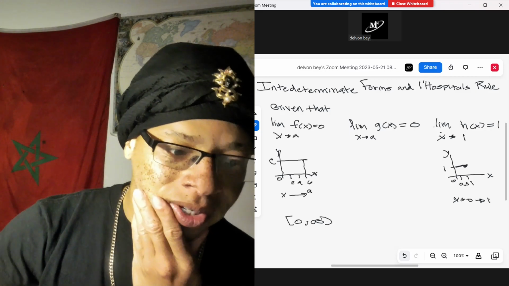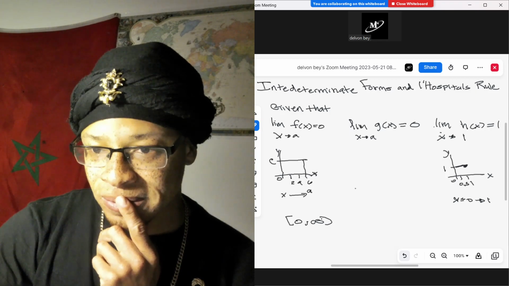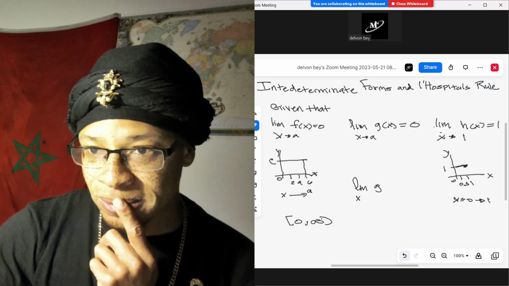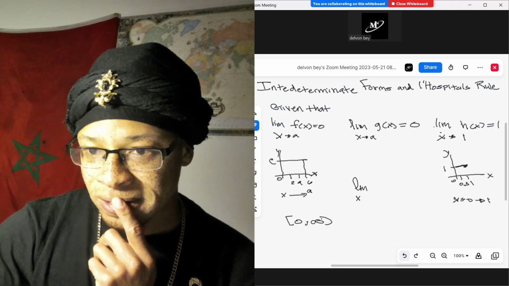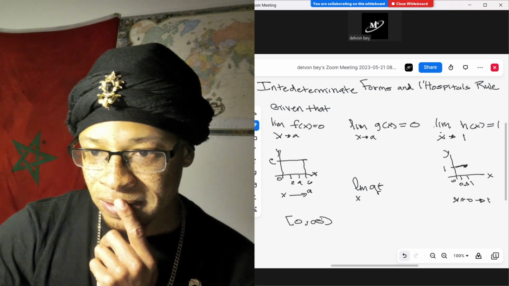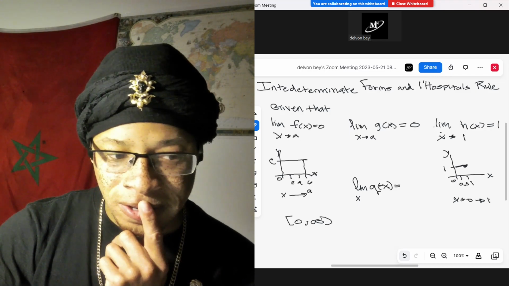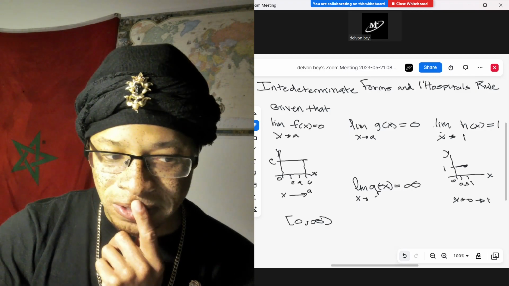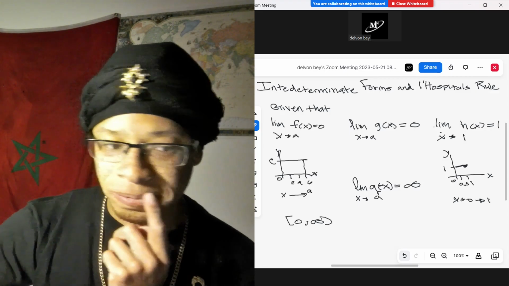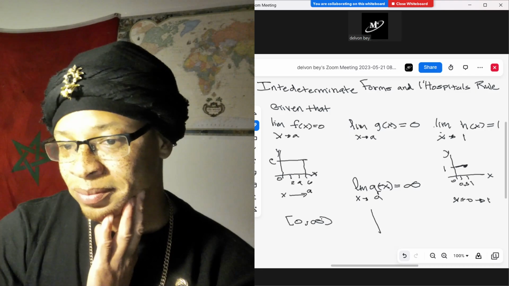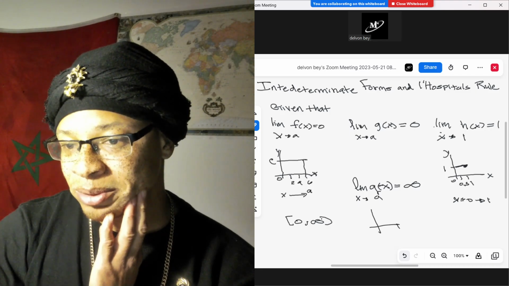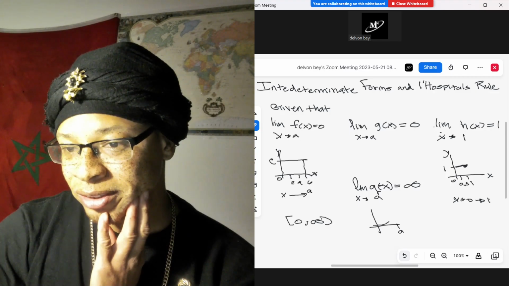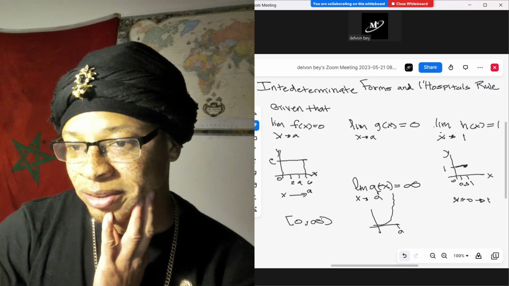Here's another one: the limit of q, let's use q instead, the limit of q of x equals infinity as x approaches a. So as x approaches a, q of x is going towards positive infinity.